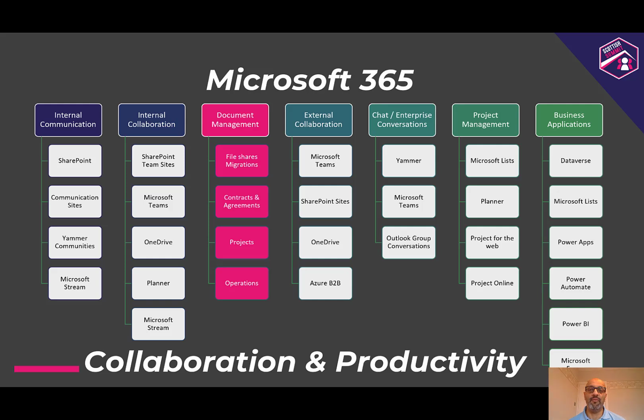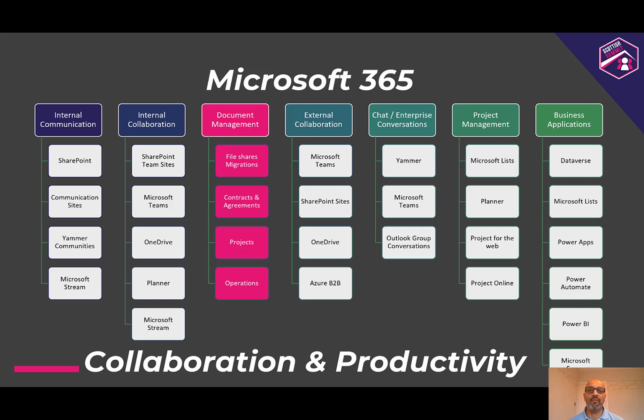When you carve out Microsoft 365 services, it really falls into these areas in my view: collaboration, both internal and external, document management, and project management and project business applications through the use of Power Platform. When you look into implementing these areas, whether that's looking after your contracts or agreements or other aspects of large-scale projects, your services should be designed around that, and wrapped with governance in terms of service management, as well as being able to control policies that enable which features to roll out and which ones not to.